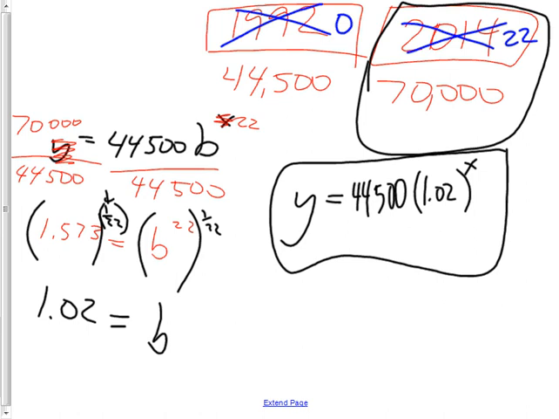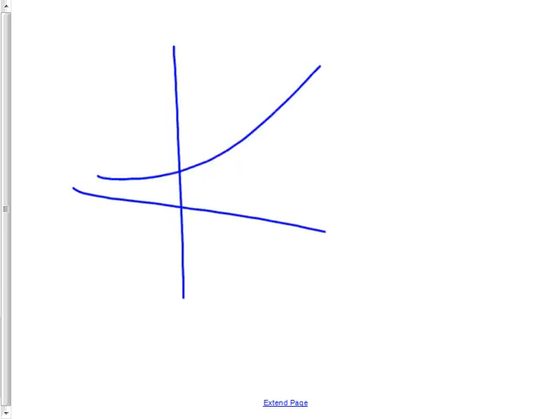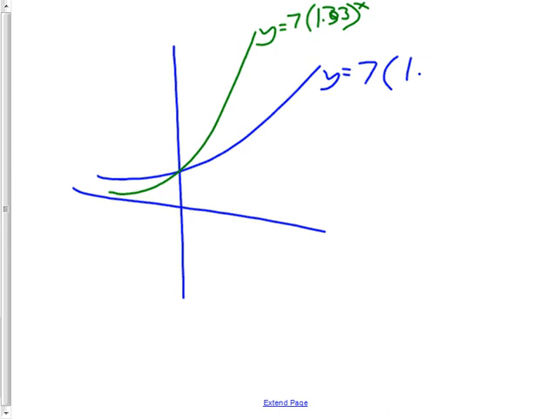One more thing. When you graph the two equations, and they come out like this. And let's say that this one is y equals 7 times 1.03 to the x. And this blue one is y equals 7 times 1.20 to the x.